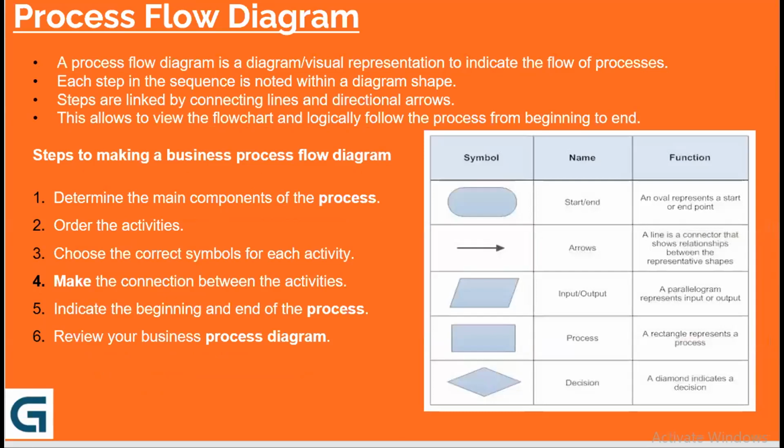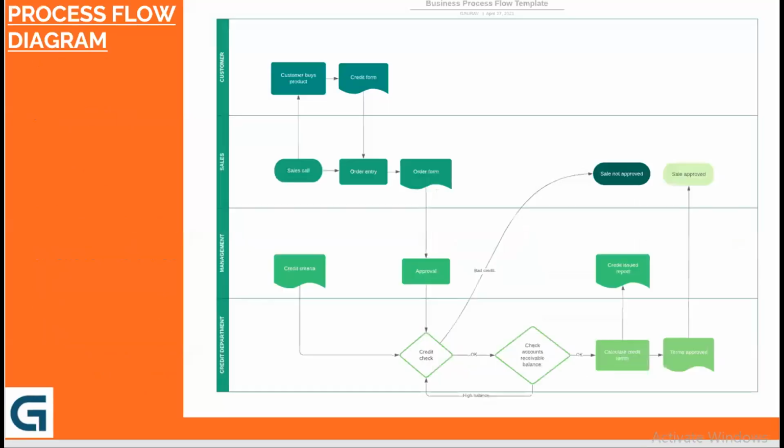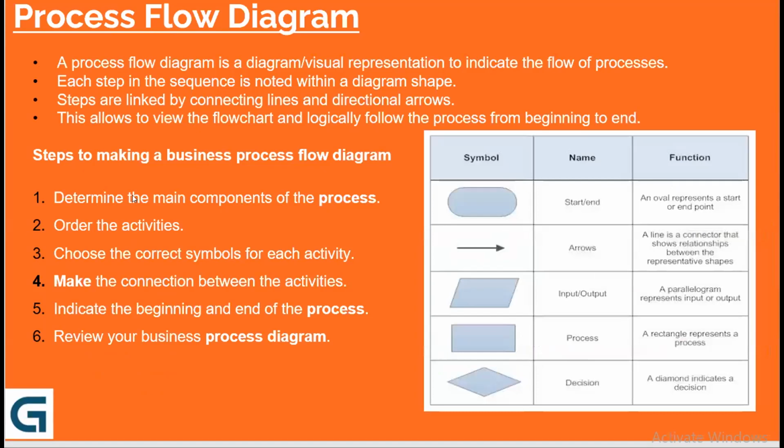So this process flow diagram, what you have learned here, tells us about symbols. This symbol defines the start and end of the function. The arrow is the connector, and it establishes the relationship.